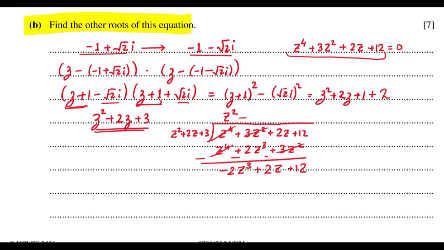Now we will choose -2z. We can get this quotient just by dividing the leading term of the dividend by that of the divisor. So -2z multiplied gives -2z^3 - 4z^2 - 6z, and then again a sign change, these two got cancelled, and this is 4z^2 + 6z + 2z = 8z + 12.